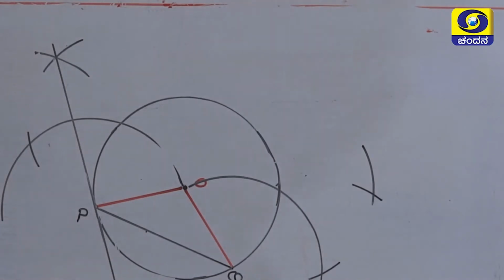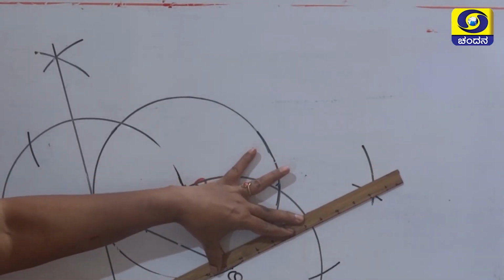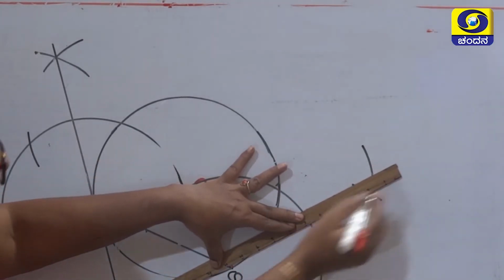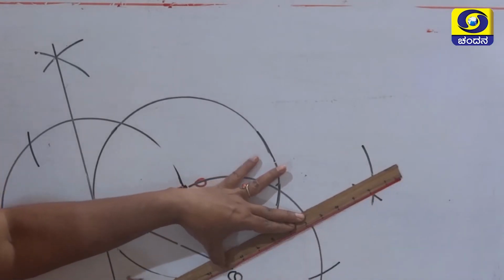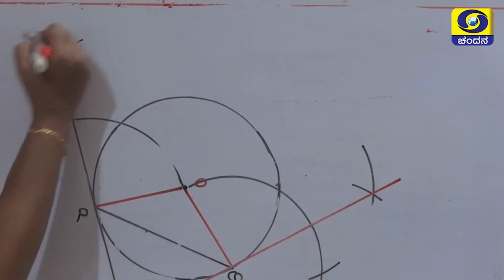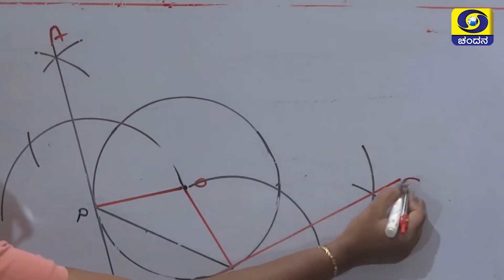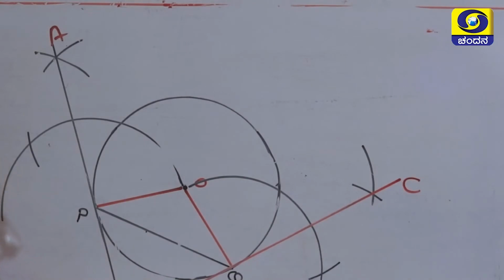Now we have to draw a tangent passing through the point of intersection and point Q. You can repeat the same procedure below also. Now we can name these tangents. This is AB, this is CD. AB and CD are our tangents.